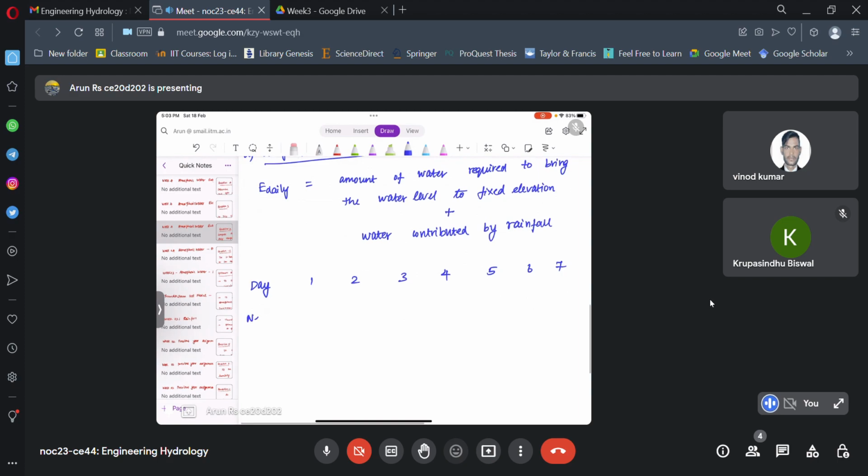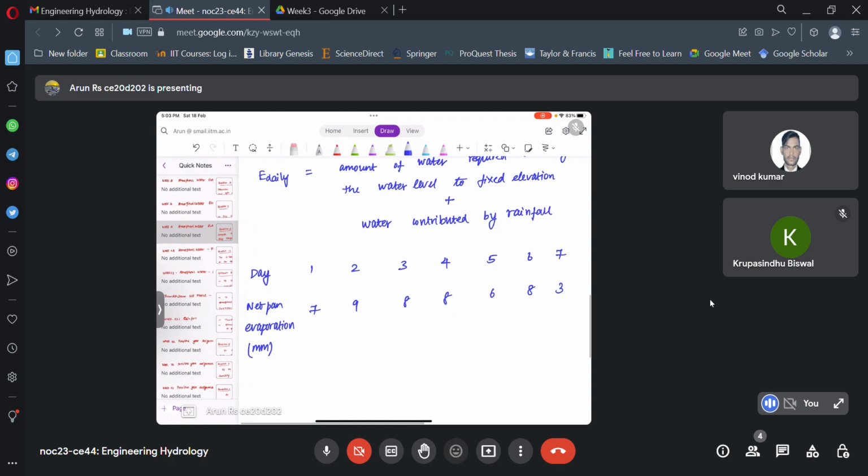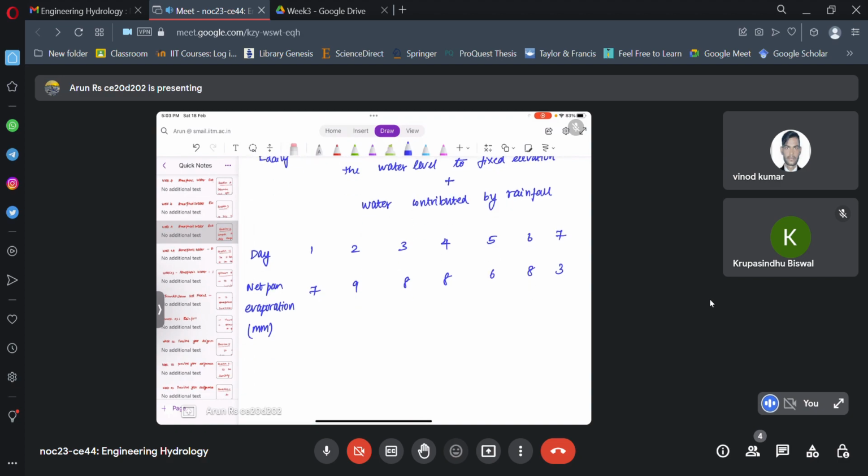So your net pan evaporation, this is in mm, is the sum of your precipitation plus the other one. So this will be 7, 9, 8, 8, 6, 8 and 3. So we have just computed the daily evaporation.